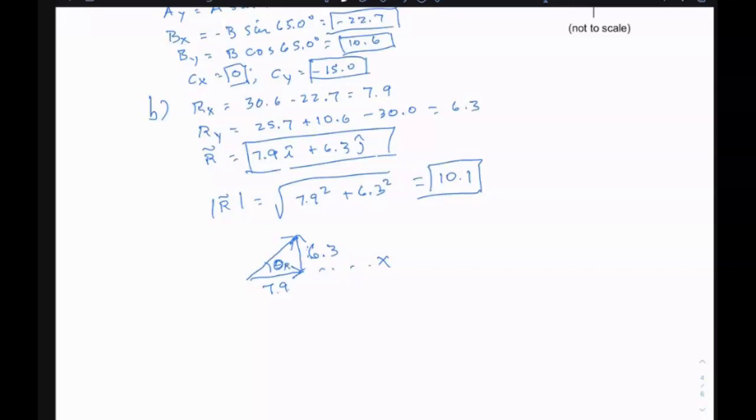So we see that the tangent of theta of r is 6.3 divided by 7.9, the opposite side divided by the adjacent side.